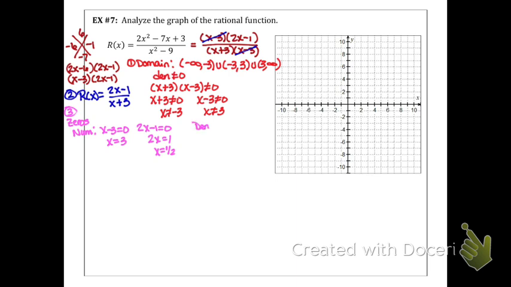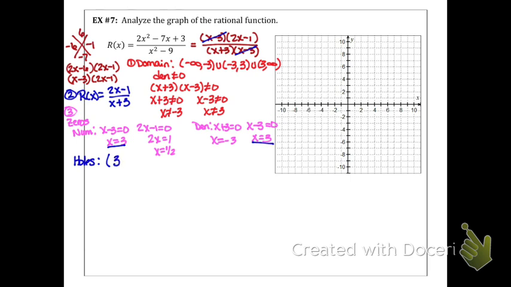I'm going to do the same thing for the denominator. x plus 3 equals 0, x minus 3 equals 0. So x equals negative 3, and x equals 3. So then remember, your holes are unique. Your holes are what the numerator and the denominator have in common. And so we can see they both have a positive 3.